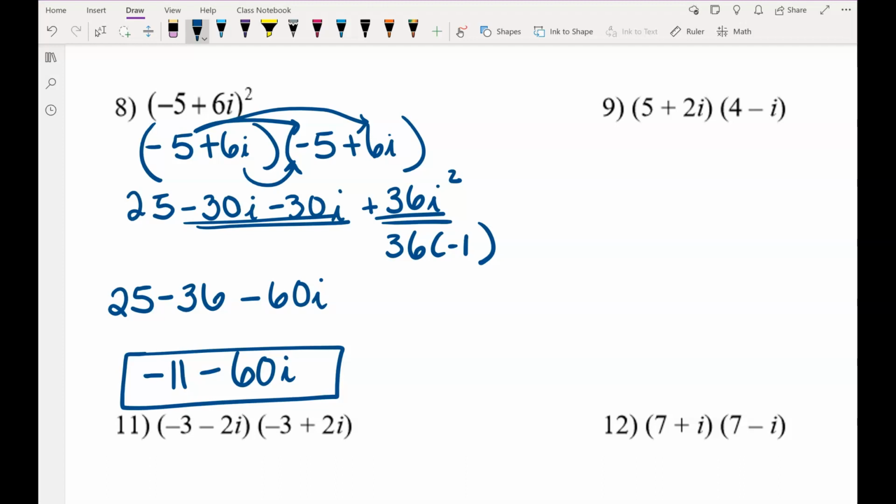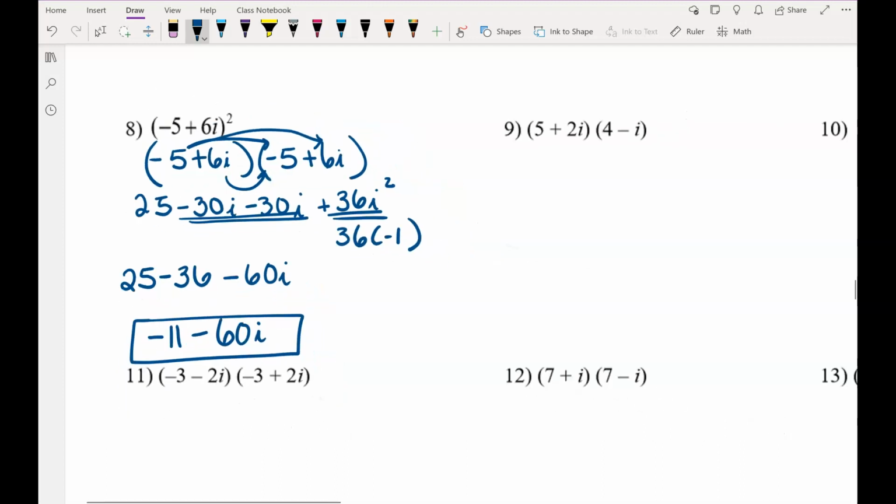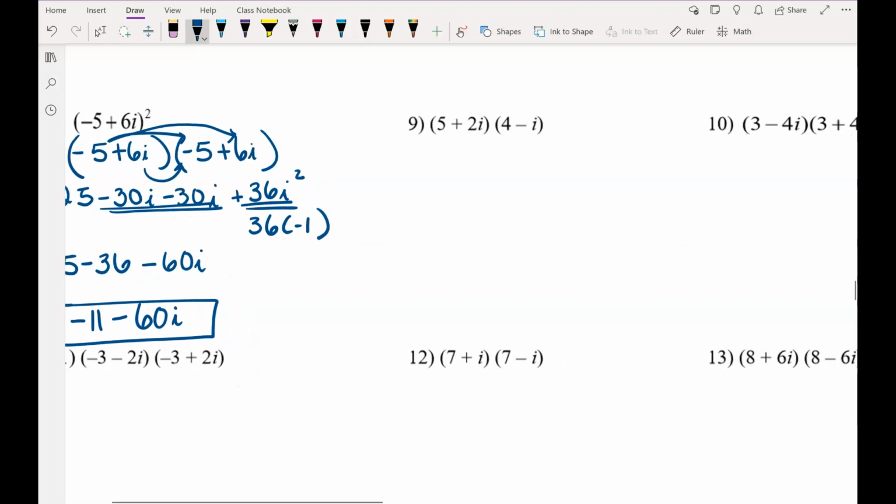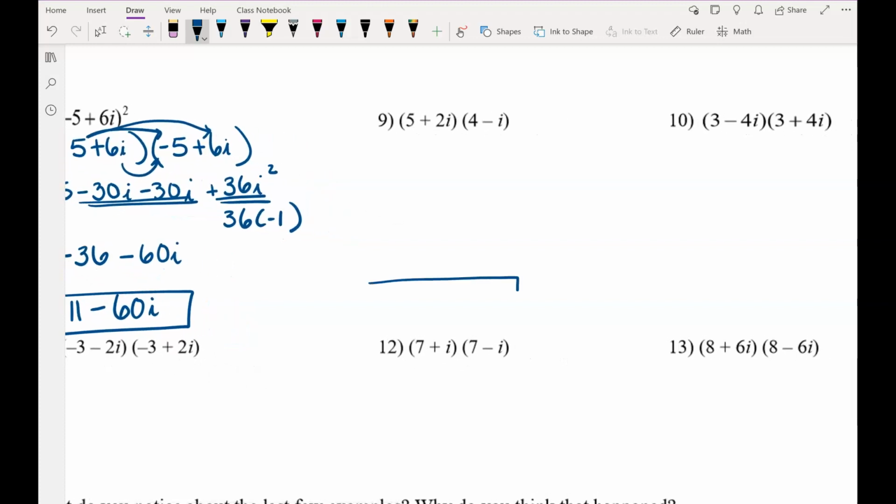Okay, I'm going to give you a minute head start on number 9. When you have an answer, box it up. If you have an answer to 9, share with your friend and move on to 10.